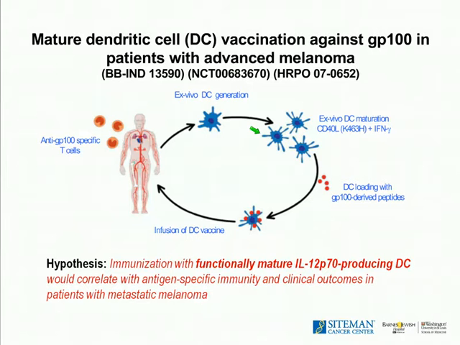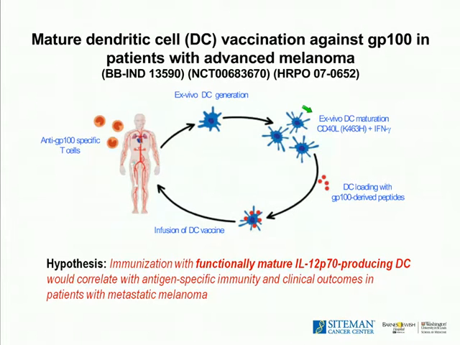I'm just going to briefly walk you through how we generated this vaccine. We basically take peripheral blood mononuclear cells from the patient. We isolate dendritic cells, so it's a personalized vaccine. Every patient gets dendritic cells that are custom-made to themselves. We use a combination of IL-4 and GM-CSF to generate the dendritic cells.